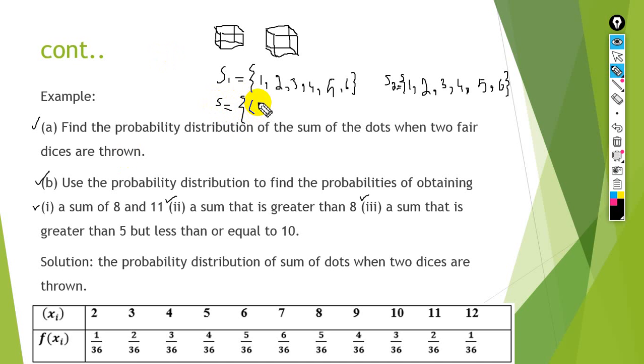Here we will have some sample points. First 1 1, we take 1 1. Cartesian product, if you remember. Second, 1 2 comes. Then 1 3 comes, 1 4 comes, 1 5 comes, 1 6 comes.